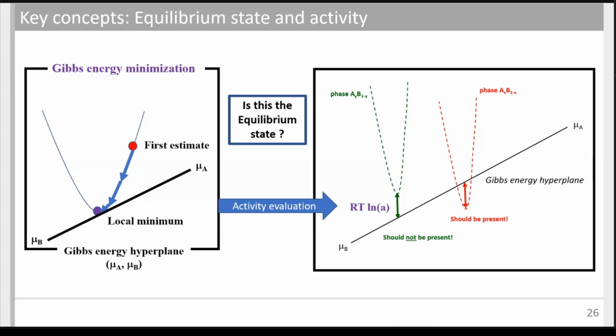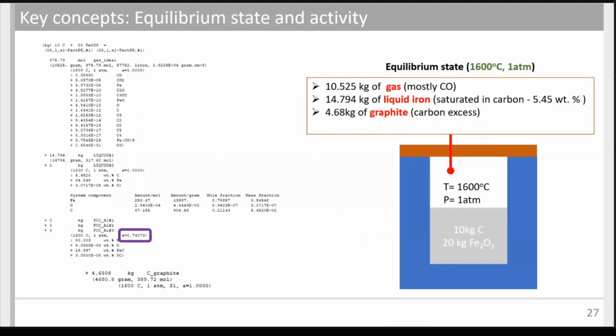So if we understand all these concepts, then I think we can really appreciate the output that we're getting from the equilibrium module. And this is what I want to show you now. So here is the output that we're getting. I was talking before about the phase assemblage that we have for our example. And this is how the output looks in FactSage. So you have the number of moles in this case and the grams just underneath, as well as the composition of the gas.